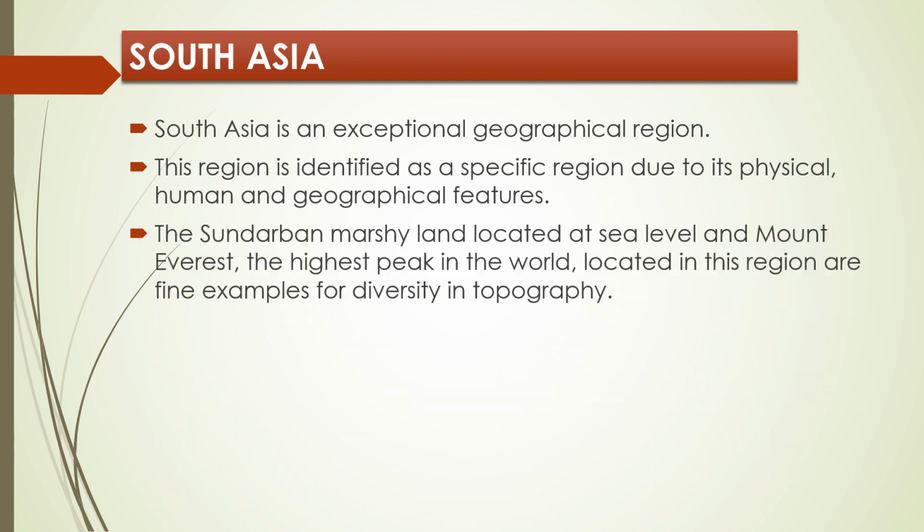This region is identified as a specific region due to its physical, human, and geographical features. The Sundarban marshy land located at sea level and Mount Everest, the highest peak in the world, located in this region are fine examples of diversity in topography.